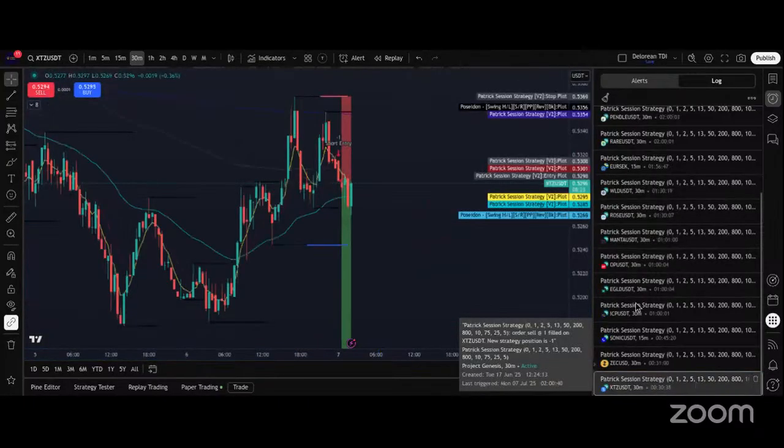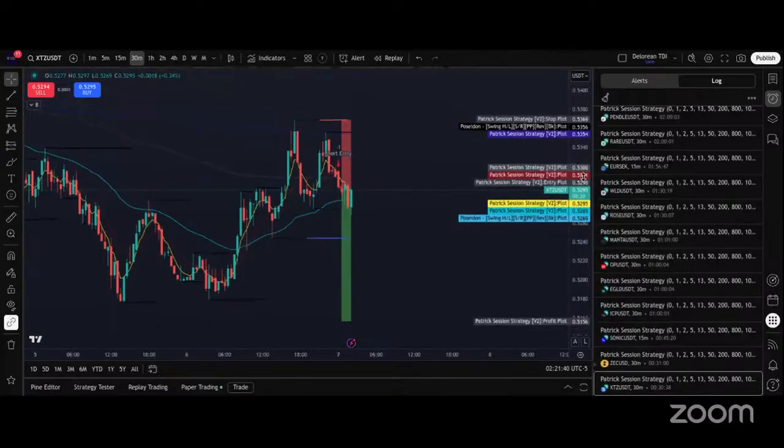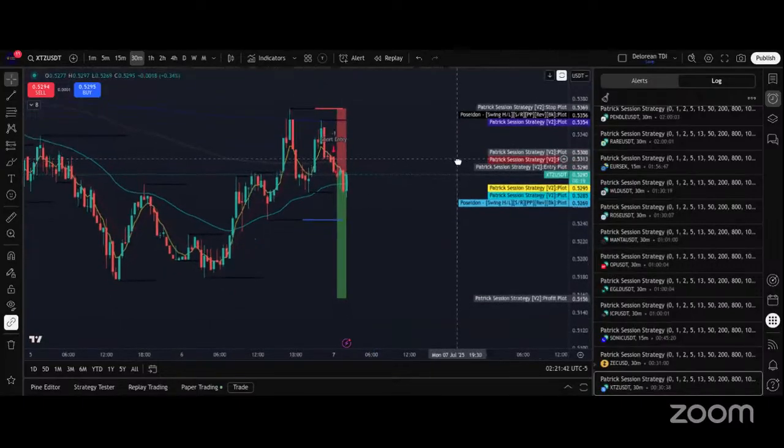We have Tezos versus Tether, XTZ, USDT. We have a nice little retracement here to get us near the original setup. So we're going to take this as a sell to 0.5156.